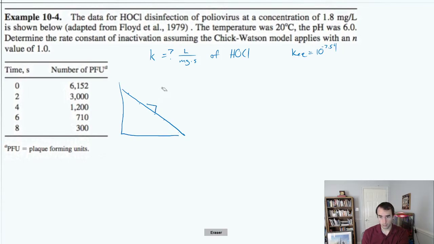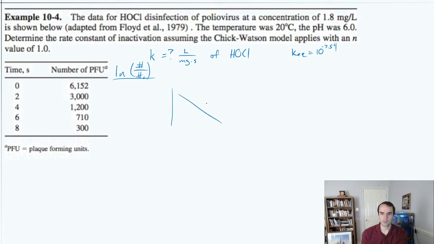That's what we are looking for. So given that, we know that a first order reaction is going to do quite nicely if we look at the natural log of the number divided by the initial number. And if we plot that versus time, that should give us that nice linear line.